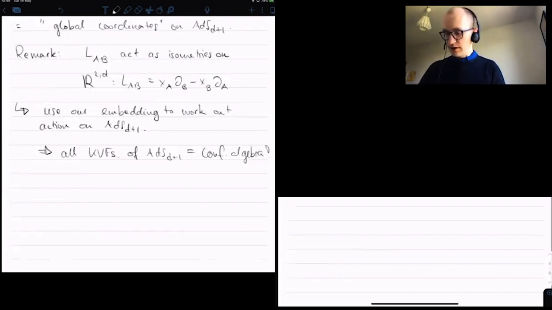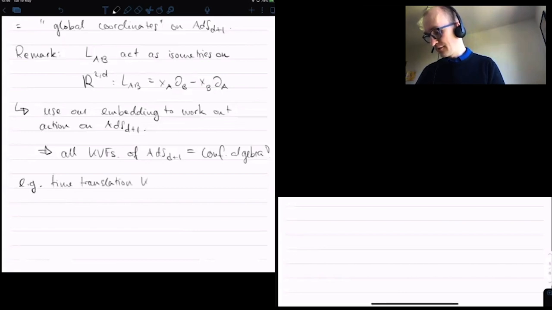So let me just mention one of them. The time translation Killing vector field of AdS_{d+1} is algebraically the same as the dilatation operator in the CFT_d.